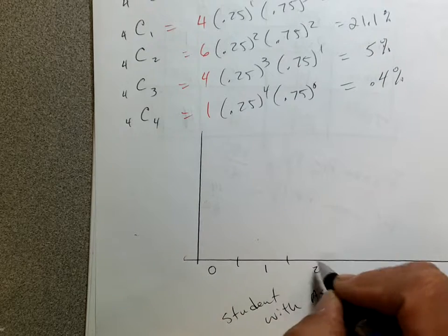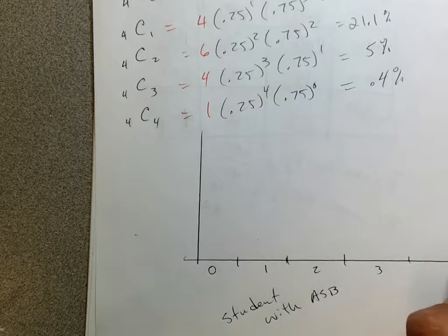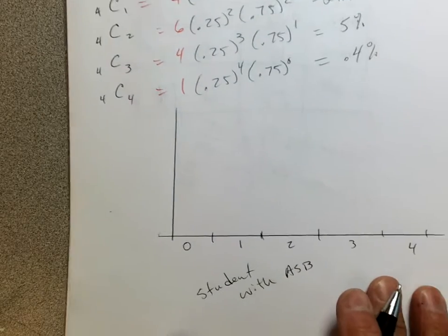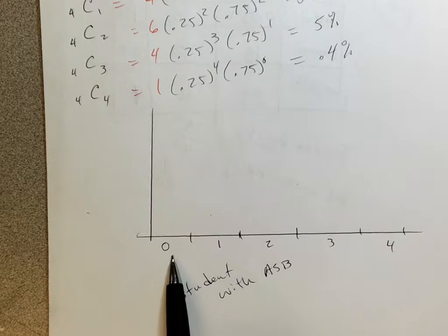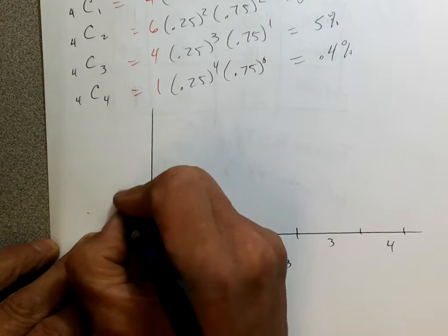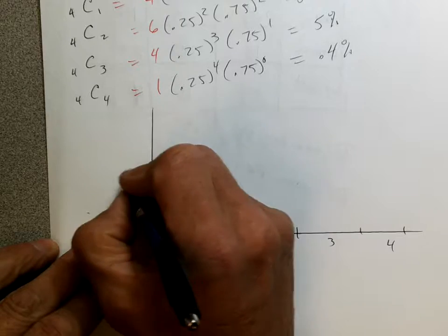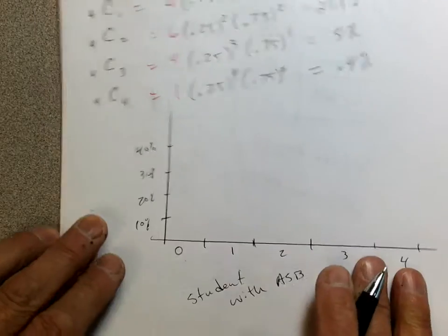I could have 2 kids that have an ASB, 3 kids, or even 4 kids that have an ASB. On my histogram, I'm going to put down my vertical, and I'll put the percentages. This is 0 kids, so I'm going to go 10%, 20%, 30%, 40%. I really don't have to go any higher than that, right?